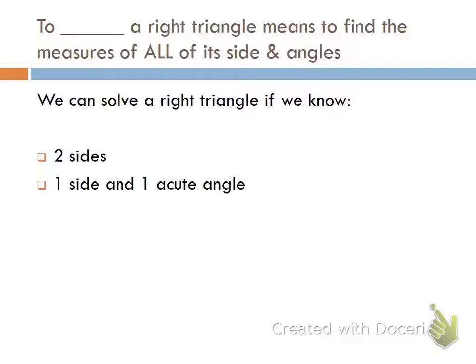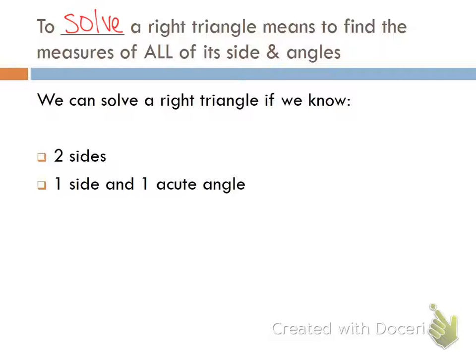To solve a right triangle means to find all measures of sides and angles. So you would know every single side length and every single angle measure if you have solved a right triangle.